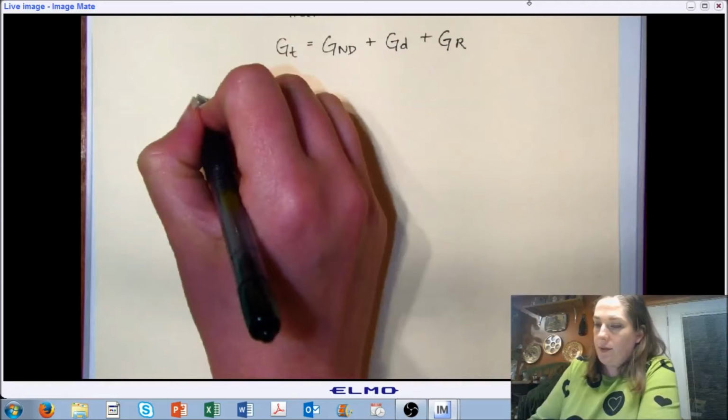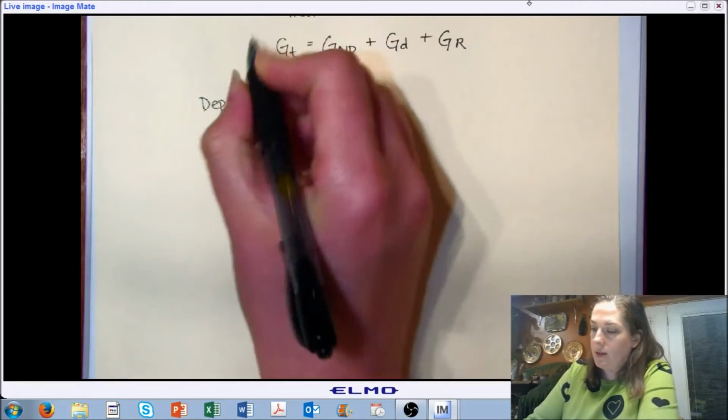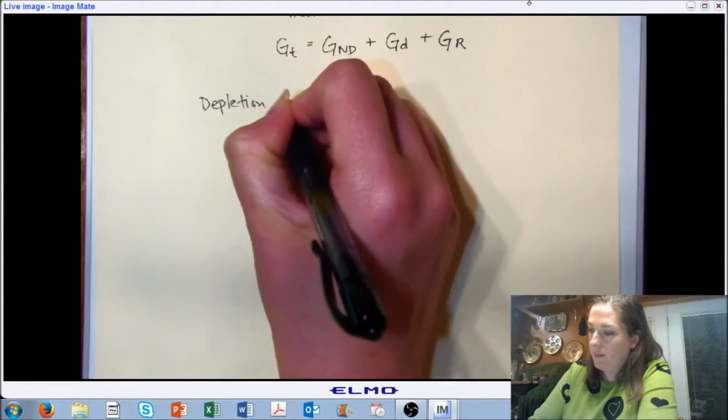So if we want to visualize for a moment or two why it is that we need these different portions, let's spend just a minute talking about the Earth's atmosphere.